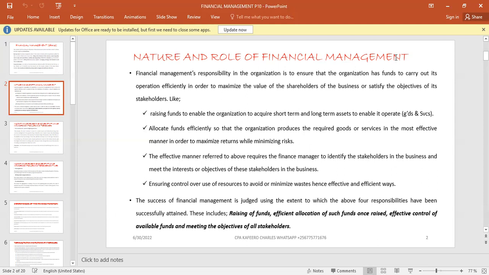And we are saying, having allocated the money, remember here, we only have three. This fourth one is just a continuation of this, but you can give it as a separate point. But the main points we have are four. First of all, we raise the money. Secondly, we allocate that money we've got. And thirdly, we control.